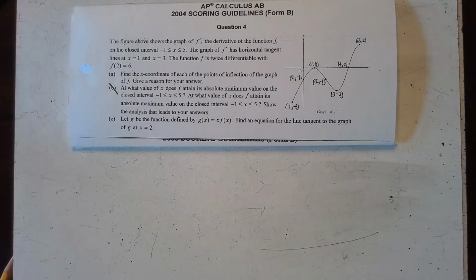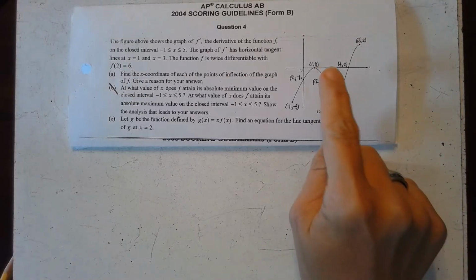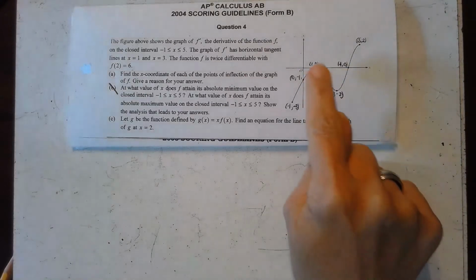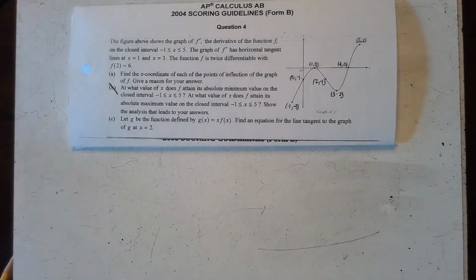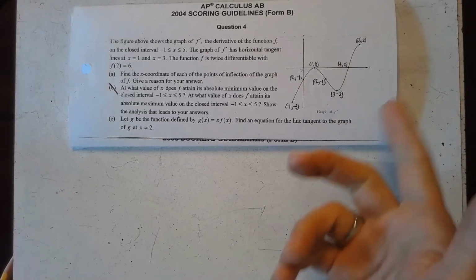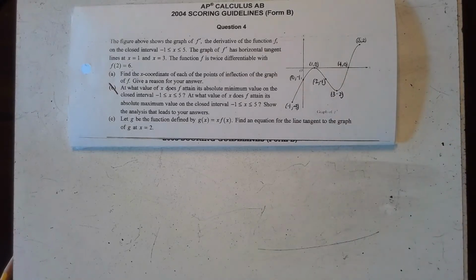The graph of f prime has horizontal tangent lines at 1 and 3, okay, which we can kind of see because those are the relative max and mins of the first derivative. The function is twice differentiable with f of 2 equaling 6. Okay, so keep that in mind.